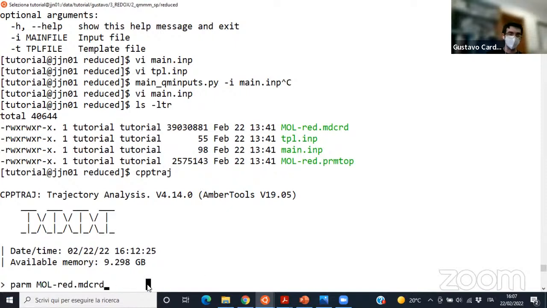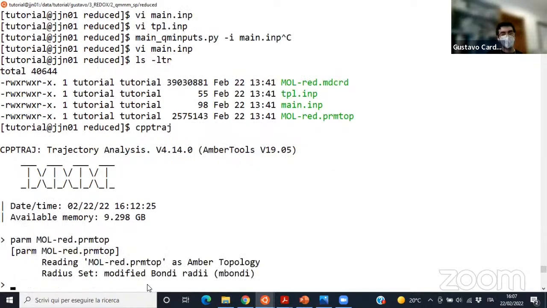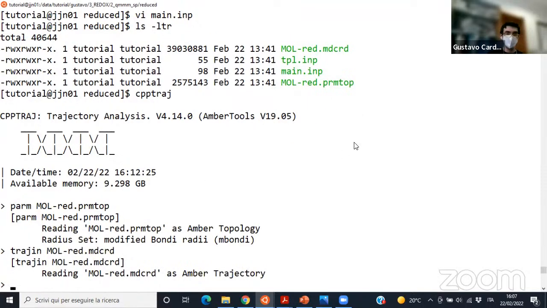So molred.prmtop, then trajin this guy here, then autoimage anchoring the first residue, so we're putting it at the center of the box. Sorry, I think it is, yeah, 2.1.